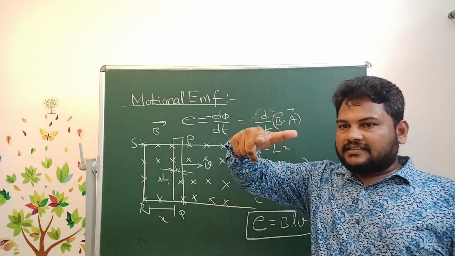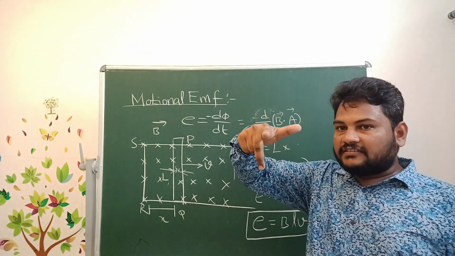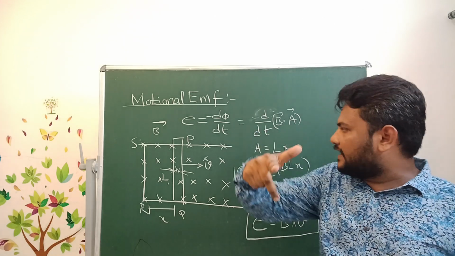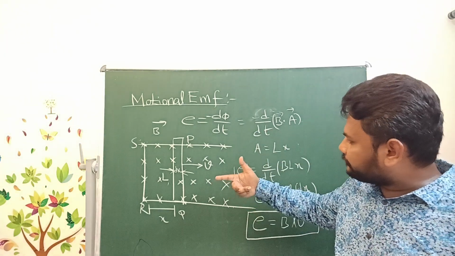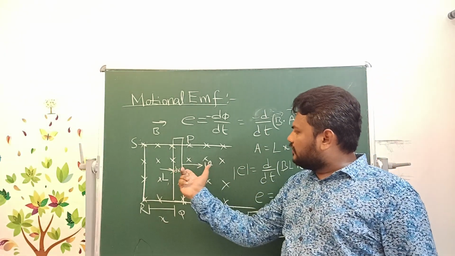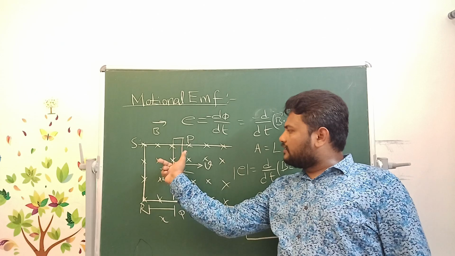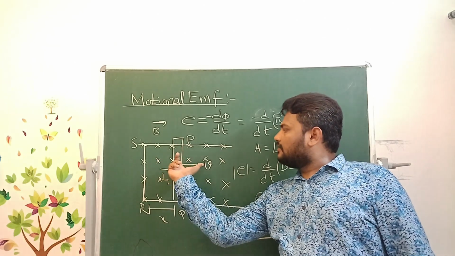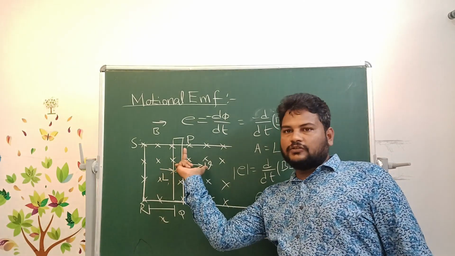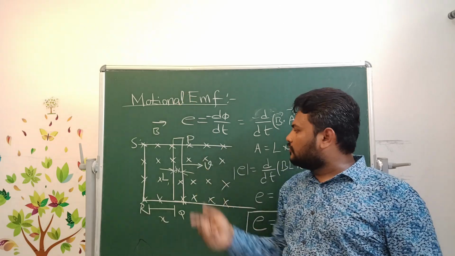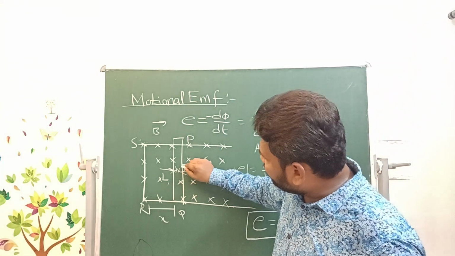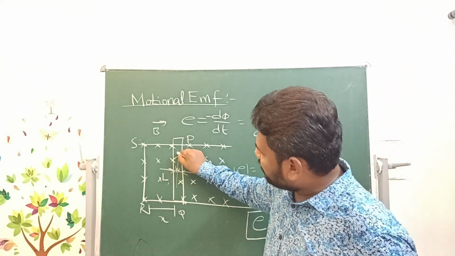Thumb represents the direction of velocity, so that the central finger represents the direction of the current. Here, the direction of magnetic field is shown by the forefinger and the thumb is along the direction of velocity. So the central finger is pointing upwards, which means that current may flow in this direction.